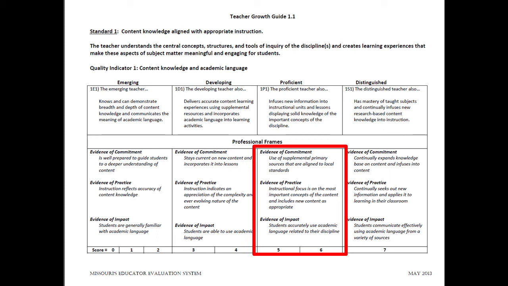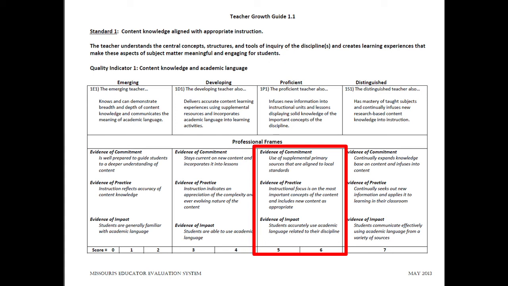In the state's model, the expectation of what the educator should know and be able to do is articulated across a professional continuum for each of the standards and quality indicators. The quality indicators are used to create growth guides that direct the improvement of the educator.